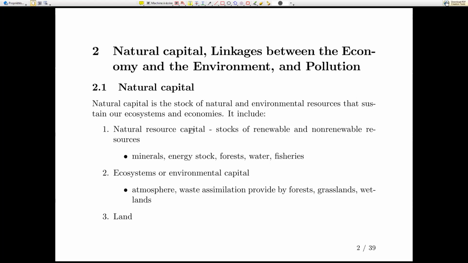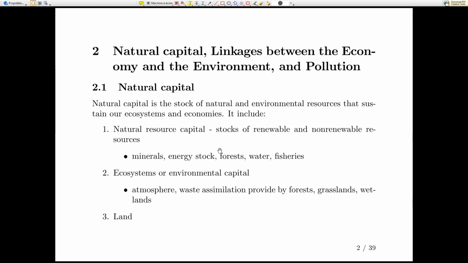So what is natural resource capital? It's the stock of renewable and non-renewable resources. Non-renewable would be minerals and energy stock, but those two are different. Minerals, if you dig them out of the soil and use them, but then throw them away, imagine it's in your phone, if you throw the phone away, the mineral is kind of lost, but not really, because it's still in there.